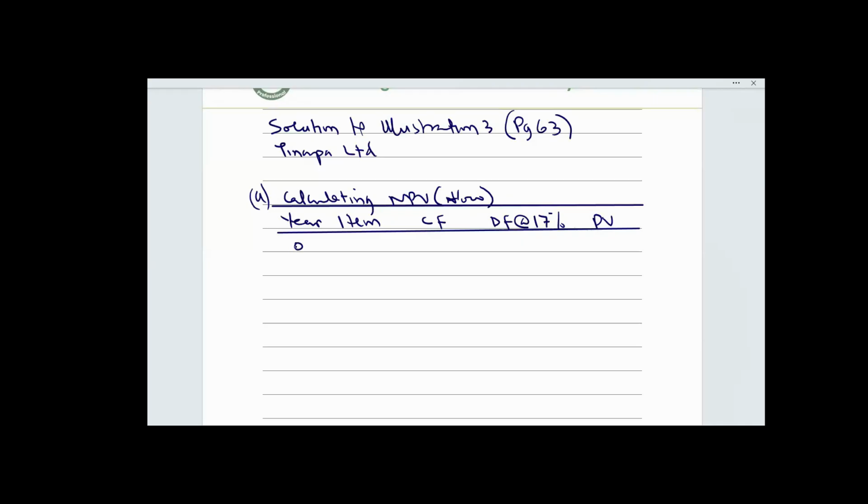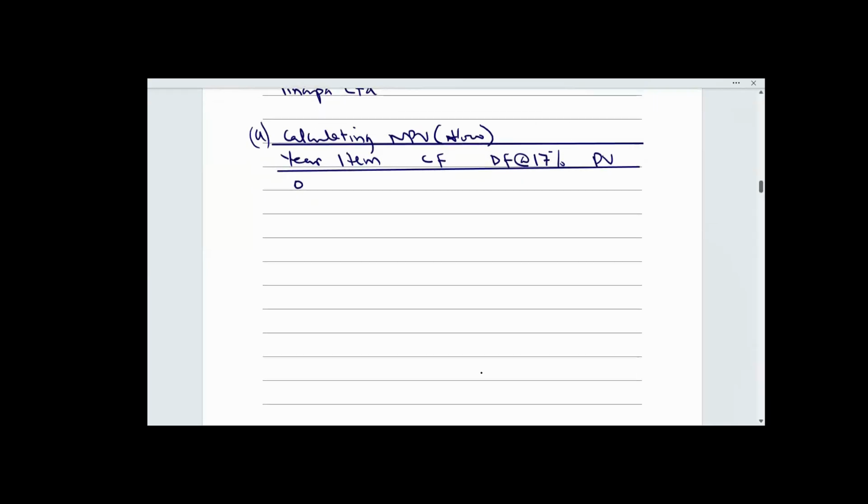Year 0. The useful life of the project is 10 years. So year 0, we have initial investments. Initial investment is 4.8 million naira. So our numbers are in thousands. Multiply by discount factor of 1, we have 4,800.